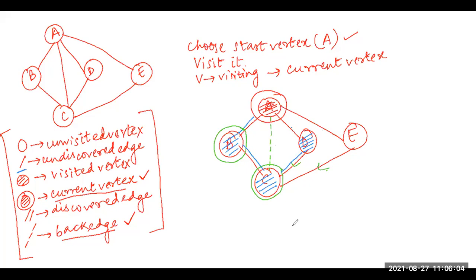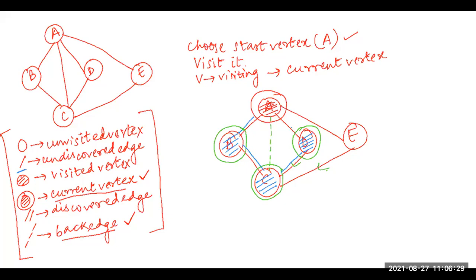Now, once this is done, I will look forward. I will look at what vertices or edges can be reached from D. For that, I need to first change this to a current vertex. Then only I can start looking. So now D is there. From D, I will look for an undiscovered edge because this is already discovered. So only this one is remaining. But if I take this one, I cannot take it because this is a visited vertex already.